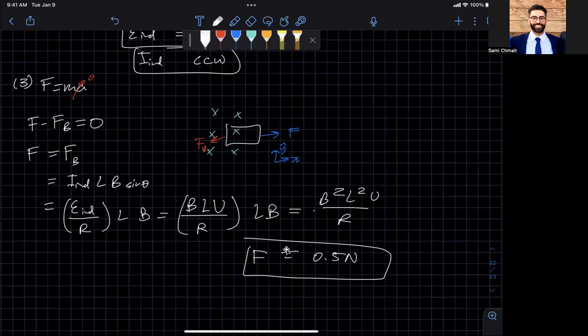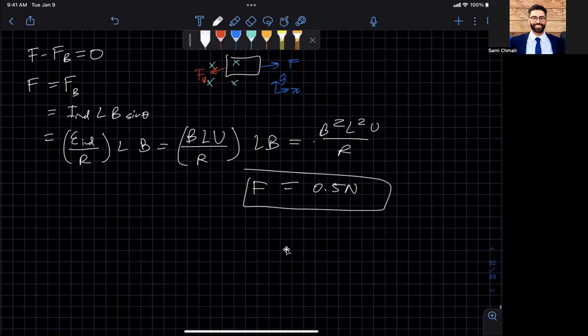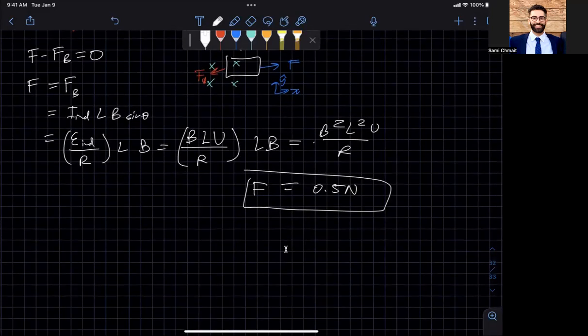As you pull it to the right, the area within the field is decreasing, and that means the amount of B field going in is going to decrease. With decreased in, you're going to want to have increased in to maintain that balance by Lenz's law, and that's consistent with clockwise. So the induced current going through the loop there would be clockwise.